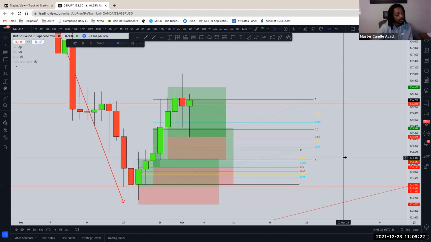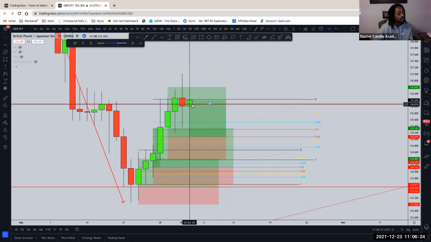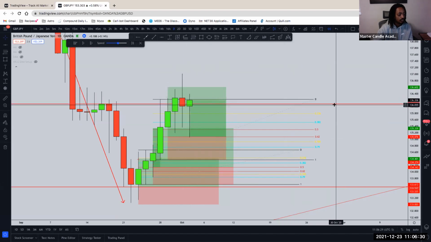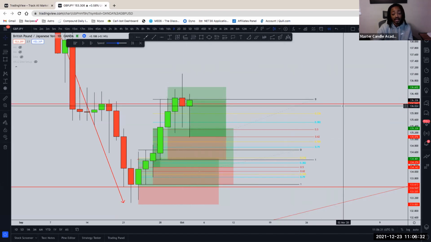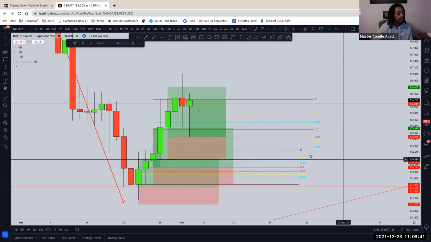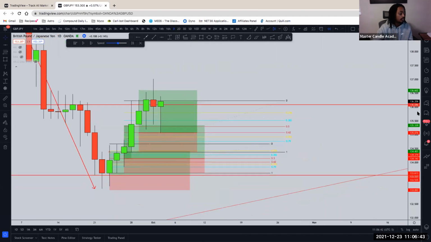So that confirms the bullish pressure, right? This close here confirmed bullish pressure. But what I have to give respect is this bearish order block here, right? So now we know, right?